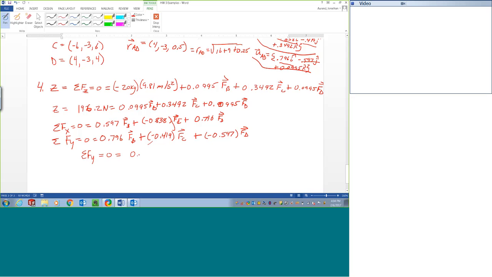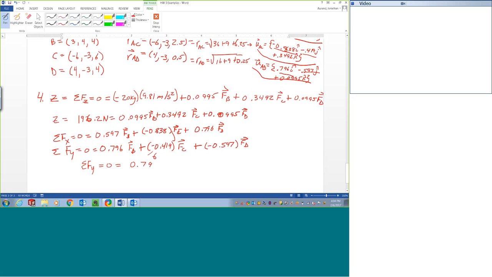So I'm going to have 0.796 FB equals 0.419 FC plus 0.597 FD. So I grab these two terms, throw them on the other side of the 0. Now I can divide by this 0.796.